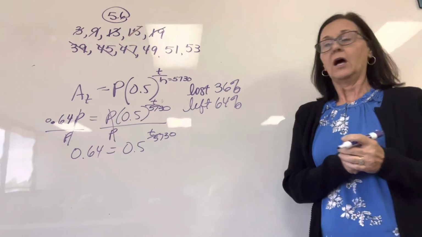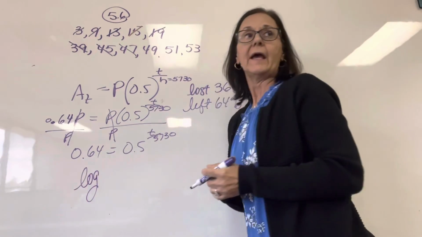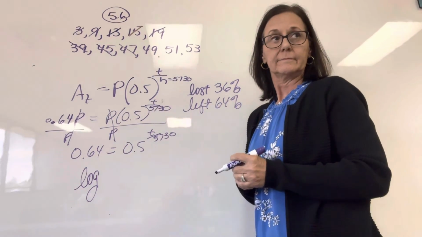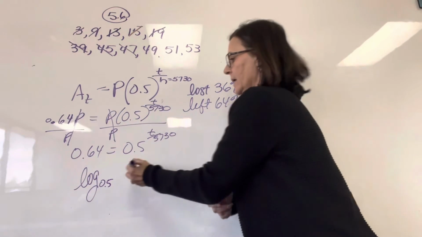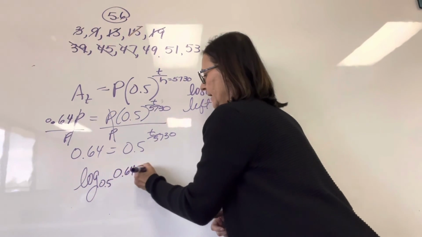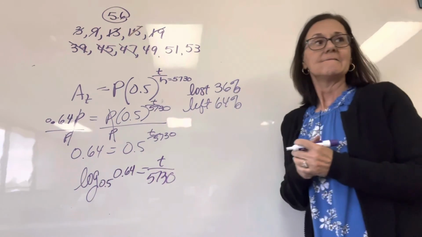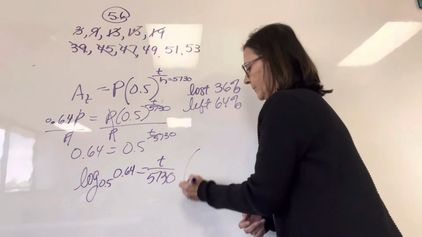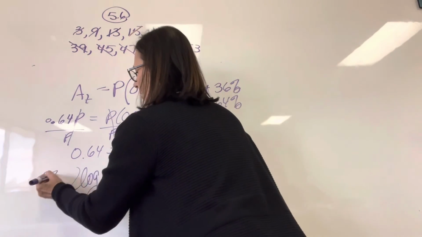What's my base? 0.5. What's my argument? 0.64. So log base 0.5 of 0.64 equals T over 5,730. And you can multiply by 5,730, but only after you complete the logarithm.